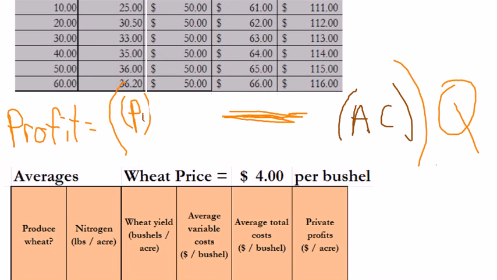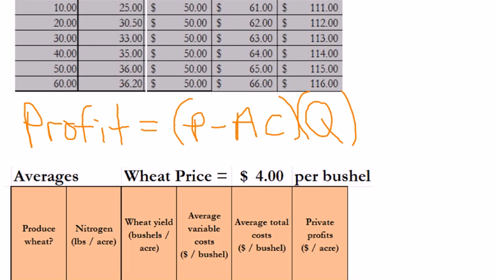And I'm going to write that more succinctly. Profit is just price minus average cost times the quantity. So what this means is that if you can ever operate in an area where price minus average cost is a positive number, where price is greater than average cost, then profits are going to be greater than zero because you don't produce negative quantities.